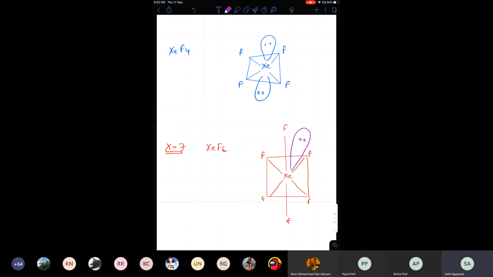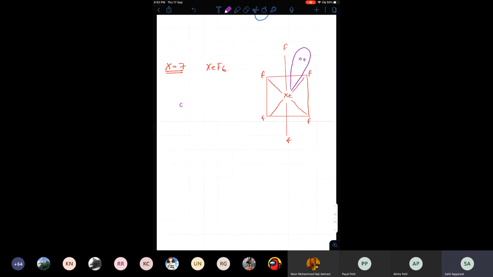This is called distorted octahedral. Understood?